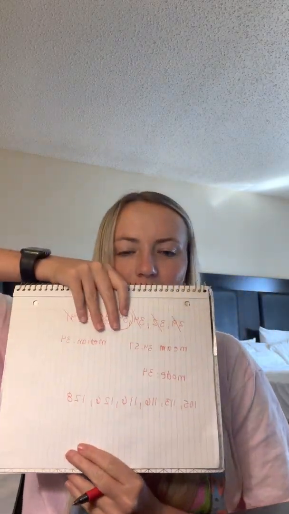So we line them up in order, just like we did the top set. Now we add them all up and then divide by how many we have. We have 1, 2, 3, 4, 5, 6 numbers. And our mean will come out to be 117.33.